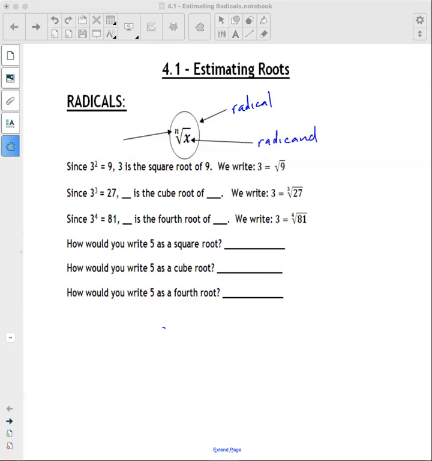And what root we are taking is called the index. If we do not see a number there, it is assumed that we're taking the square root. If there's a 3 there, we're taking the cube root. If there's a 4 there, we're taking the fourth root, etc.